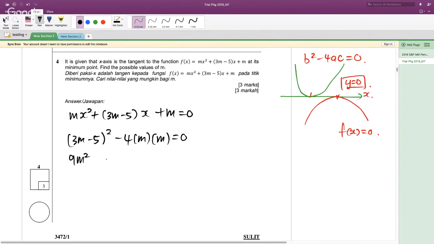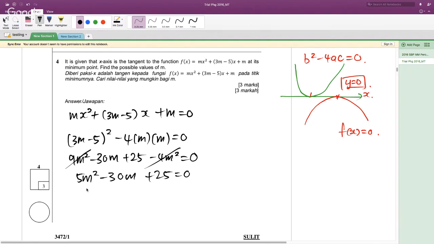This is 9m squared minus 30m plus 25 minus 4m squared equals 0. Then 9m squared and 4m squared, I have 5m squared minus 30m plus 25 equals 0. Then I just factorize this quickly. This one should be 5m and m, and this one should be 5 and minus for both. Yep, it's correct. So m equals 1 or m equals 5.